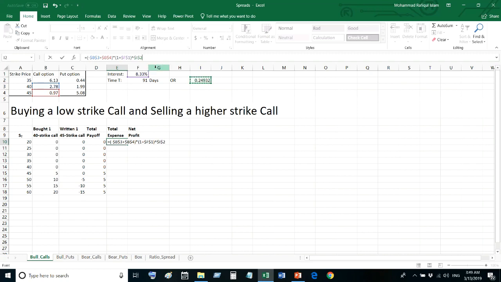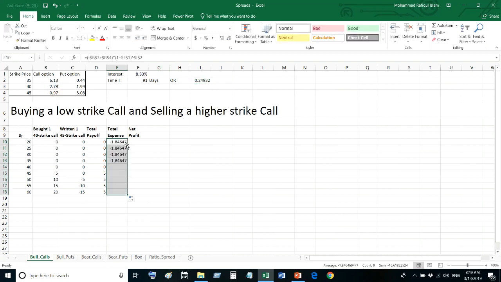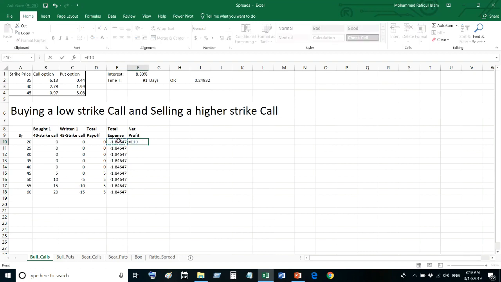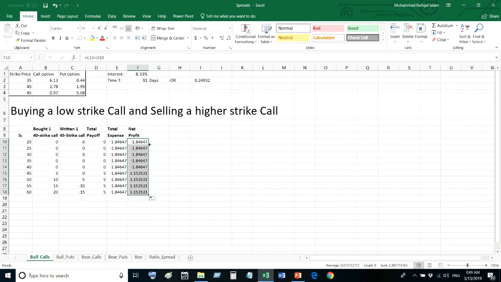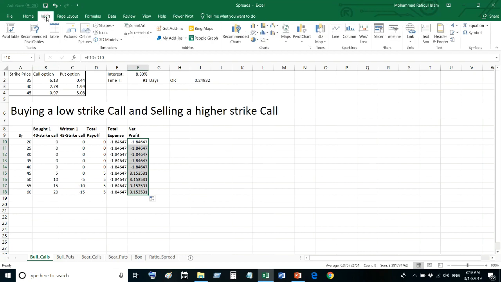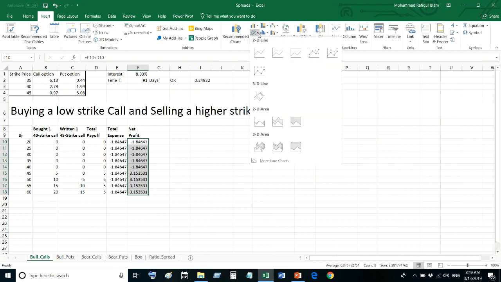I also fix it. So this is my total expense. So the profit is total expense plus total payoff. That's it. So let's see how the graph changes.